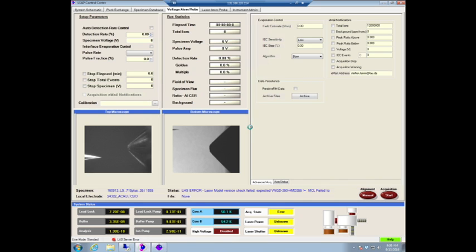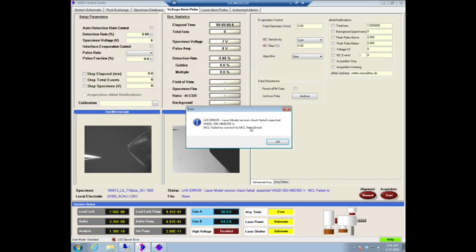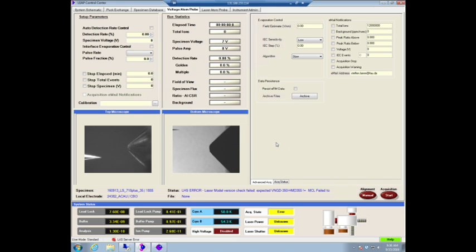Of course, that's the Windows 95 effect. If you remember when Bill Gates was presenting Windows 95, it crashed while he was doing it live on TV. And of course, it's happening to us right now as well. MCL nanodrive error.